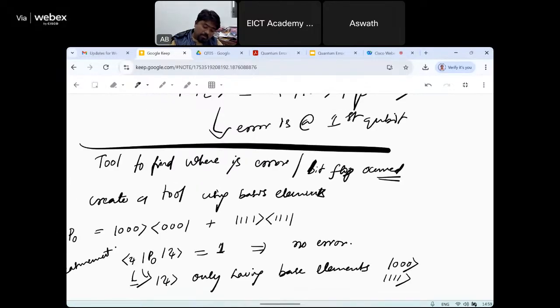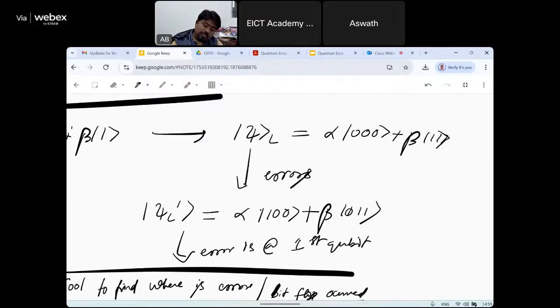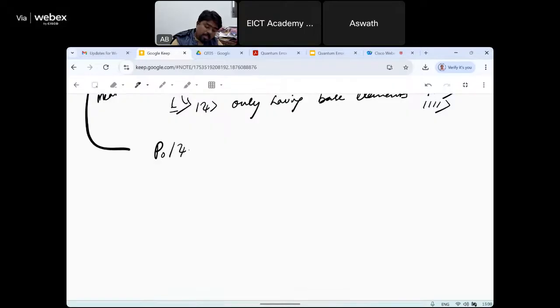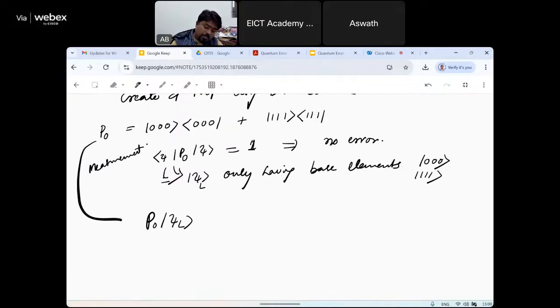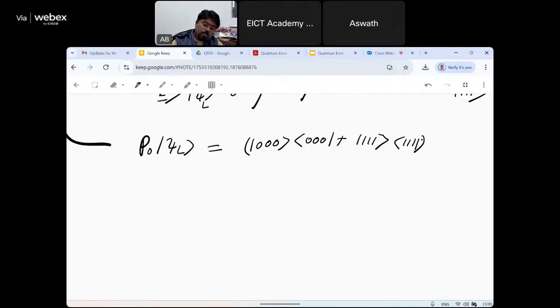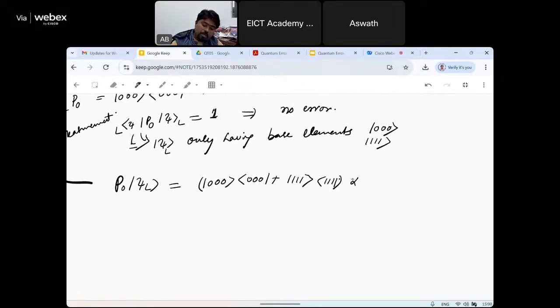Our psi, let's say this is psi L, the logical state. So P naught acting on psi L is the outer product of 000 plus the outer product of 111, multiplied onto our quantum state, which is alpha 000 plus beta 111.